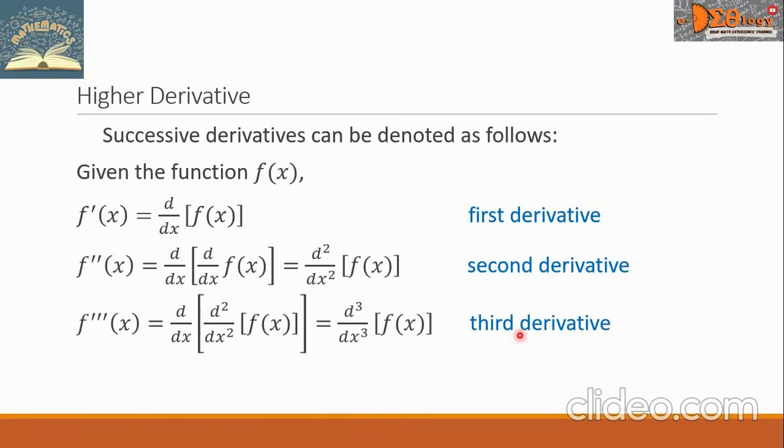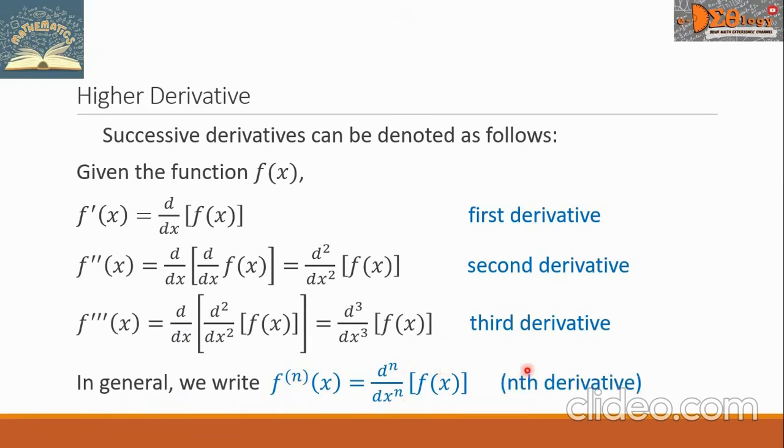This is the third derivative. In general, we write f raised to a power n inside a parenthesis of x is equal to d with power n over dx raised to power n of f of x. And this is the nth derivative.